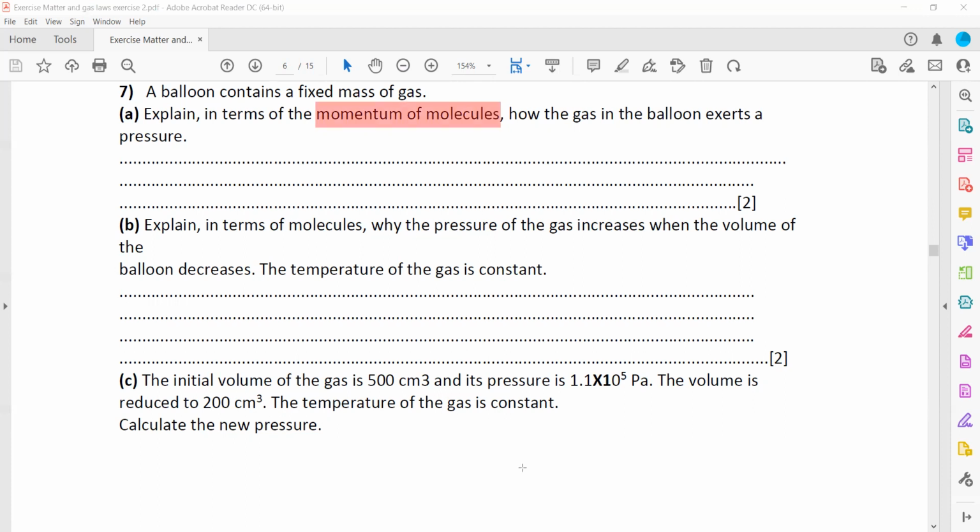Sometimes it is 4 marks, sometimes 3 marks, sometimes 2 marks. But the answer remains the same: the gas molecules are moving randomly.